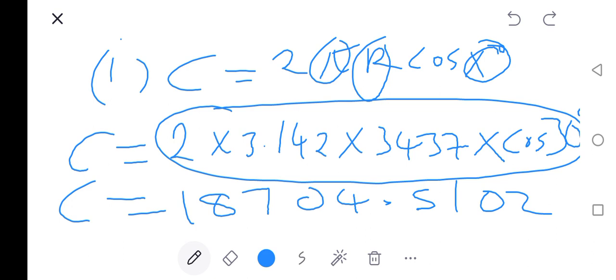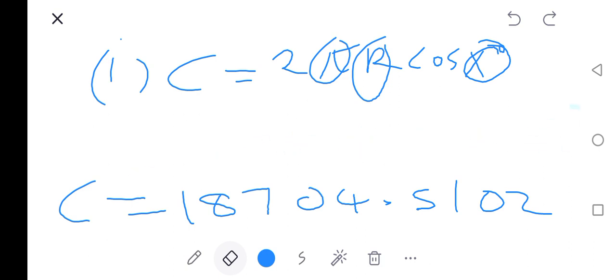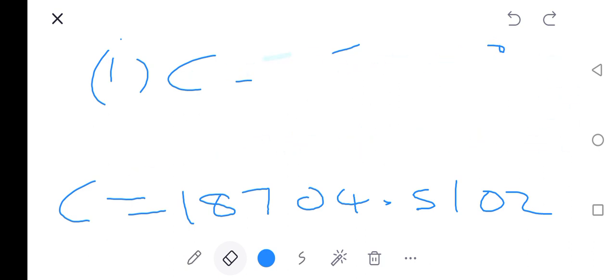So our answer will be to 3 significant figures. We are using syllabus D, standardized rounding off.